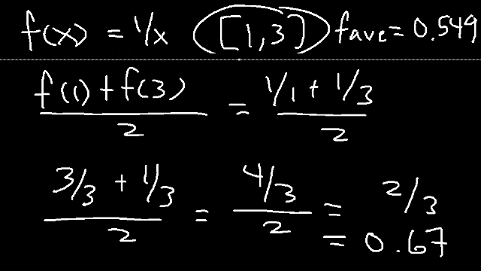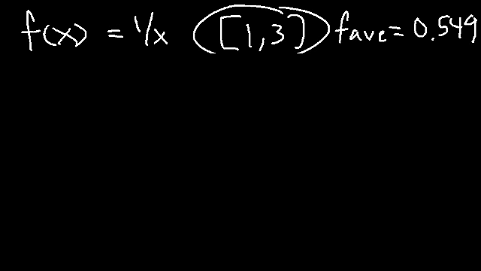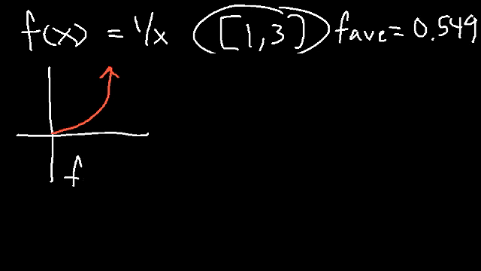Now let's see if there's some sort of commonality. In the first example, where we used x squared, we had a function that was increasing and concave up. And the average value was less than the average of f of a and f of b.